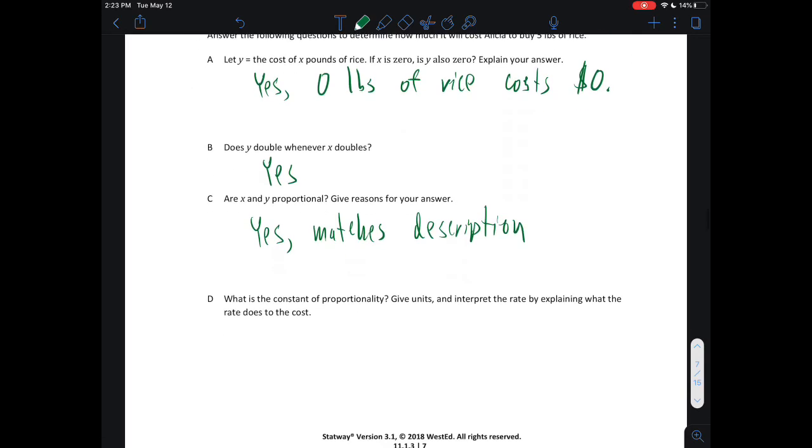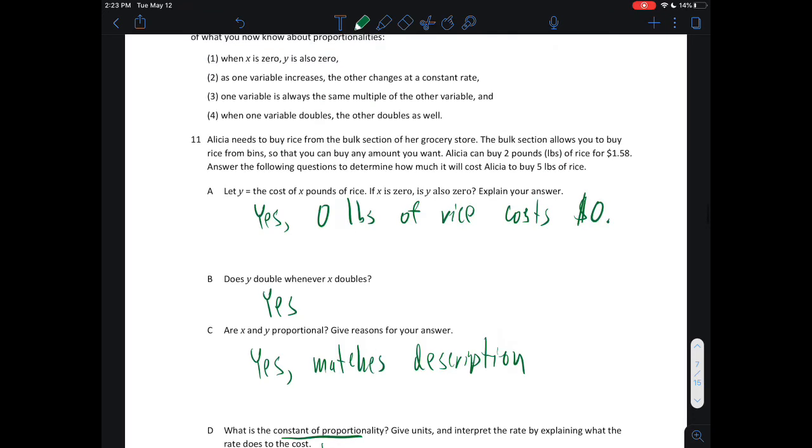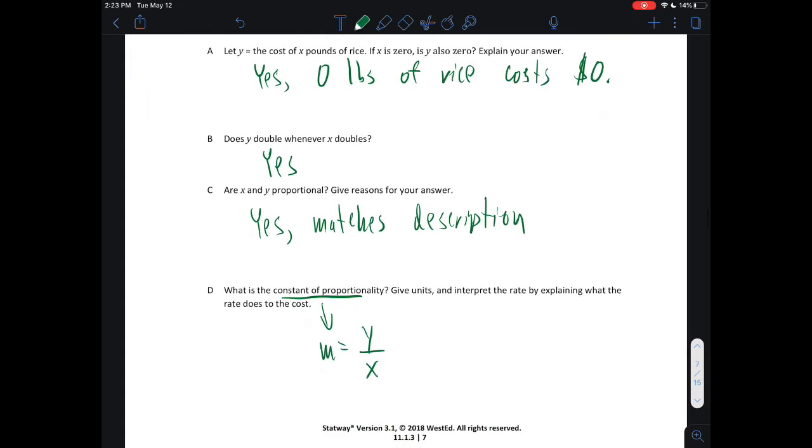Part D, what is the constant of proportionality? Give units and interpret the rate by explaining what the rate does to the cost. Remember, the constant of proportionality is the same thing as slope, and we saw that for a proportionality, you could just take a y value and divide by an x value. So here, you could say that $1.58 is the y value.